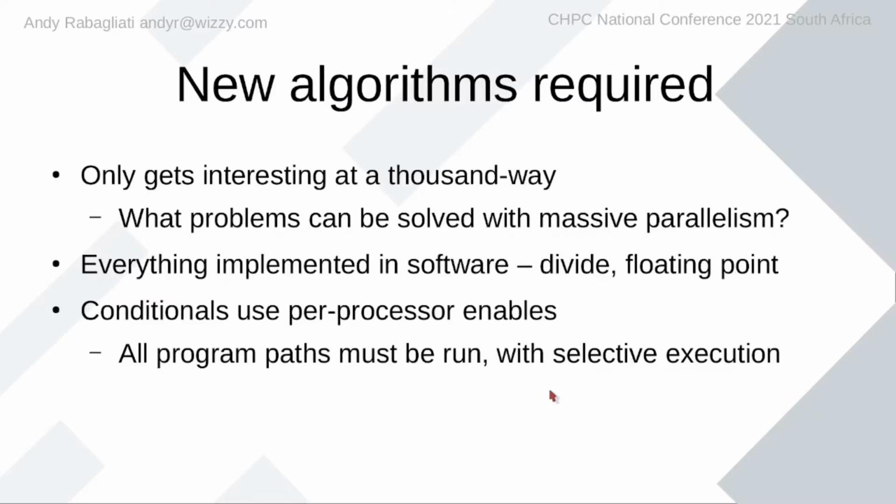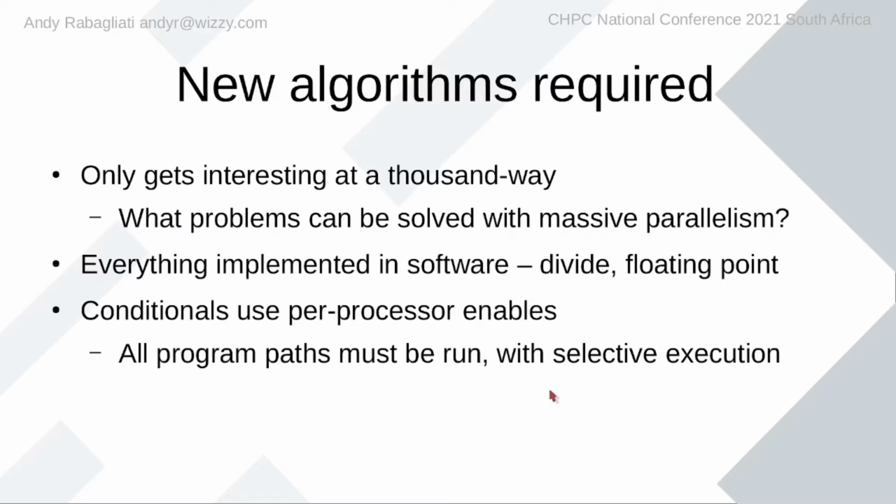New algorithms are required. The basis of this coprocessor, this is not going to be taking over your desktop or doing much of your other work. This is a specialist processor for parallel programming tasks. And if you're not talking 1,000 way or 1,000,000 way, then this is not an appropriate machine.